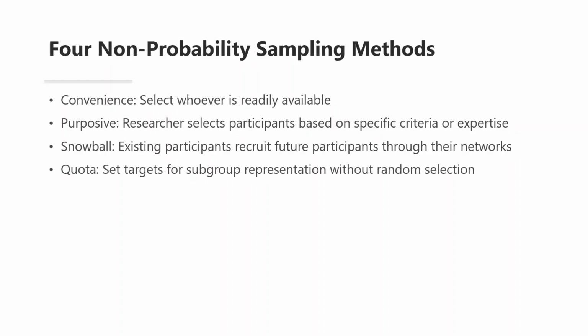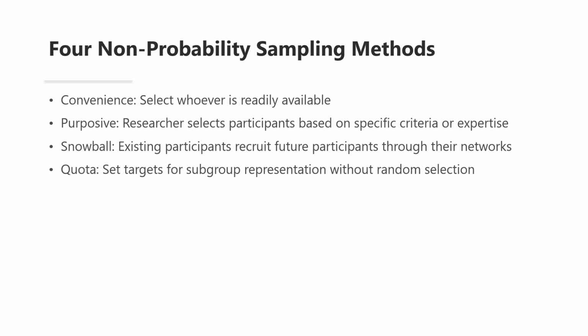Snowball sampling is the method of choice when no sampling frame exists for the population of interest. However, the resulting sample is limited to the social networks of initial participants and may not represent the full population.